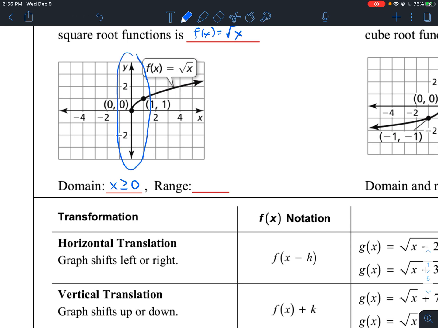For the range, you see the y values start at 0 and they're continually increasing, at a much slower rate than the x, but still increasing nonetheless. So y is greater than or equal to 0. And you can also write this in interval notation. You could say for both of them that it's from 0 to positive infinity.